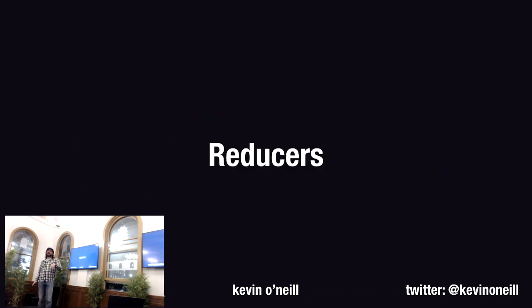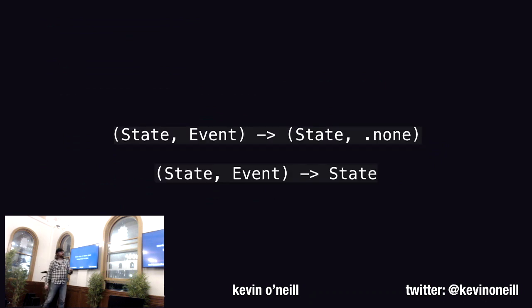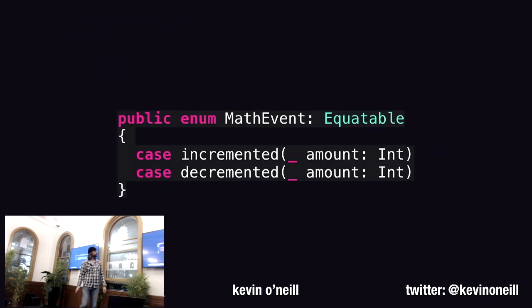There's a simplification of an event handler, which is a reducer, which is effectively a state and an event to a state, with a magic command called none, which is basically something that doesn't do anything. It's still going to produce a command, but it sometimes makes writing things easier. If you're not going to have anything with side effects, and you just want to remap over your thing, it's just a state and event signature. But that's just a bit of sugar on top of things.